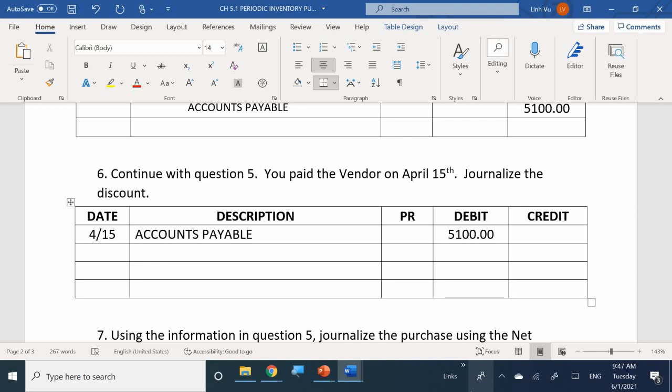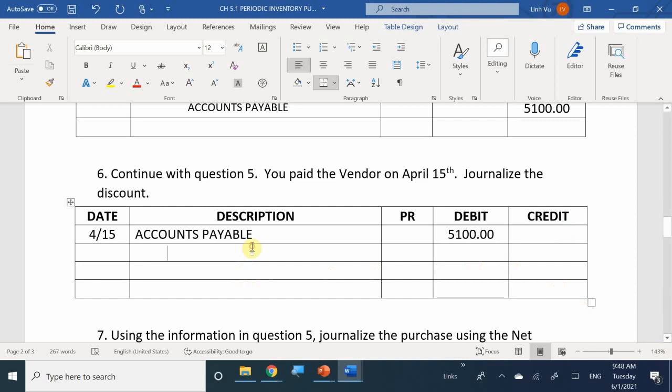So in this case, what is 5% of $5,000? 250. 5,100 times 5%, oh, yeah, it was 255. It's just 250. You were right the first time.